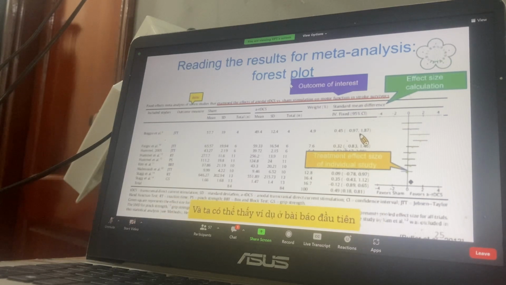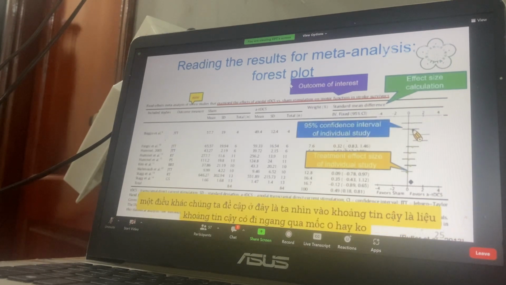So as we can see from the example of the first study, we got a mean effect size of 0.45, that would be drawn here. And then the confidence interval ranges from -0.97 up to +1.87.